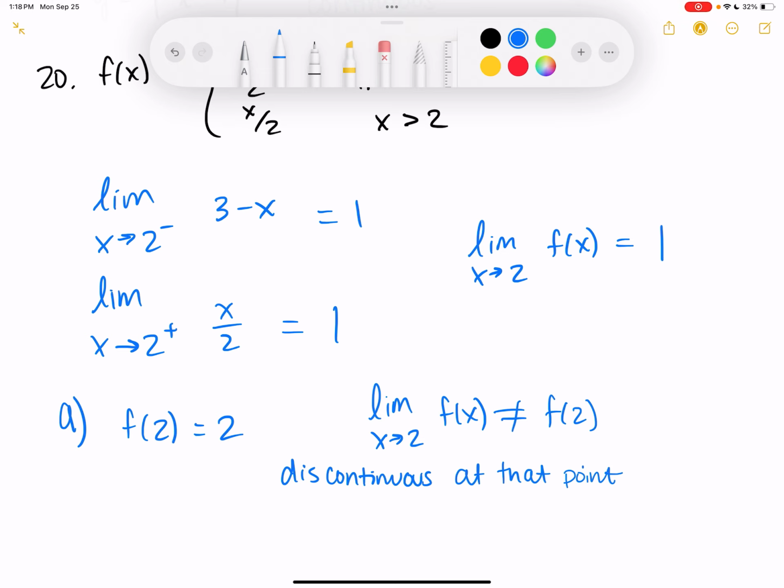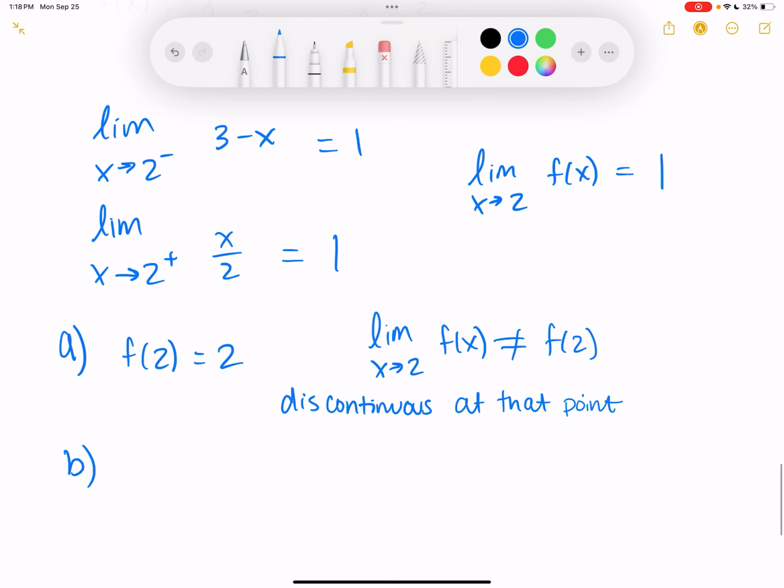And so then the second part, which of the discontinuities are removable or not removable, and then give the reason for your answer. So part B would be removable at x equals 2.